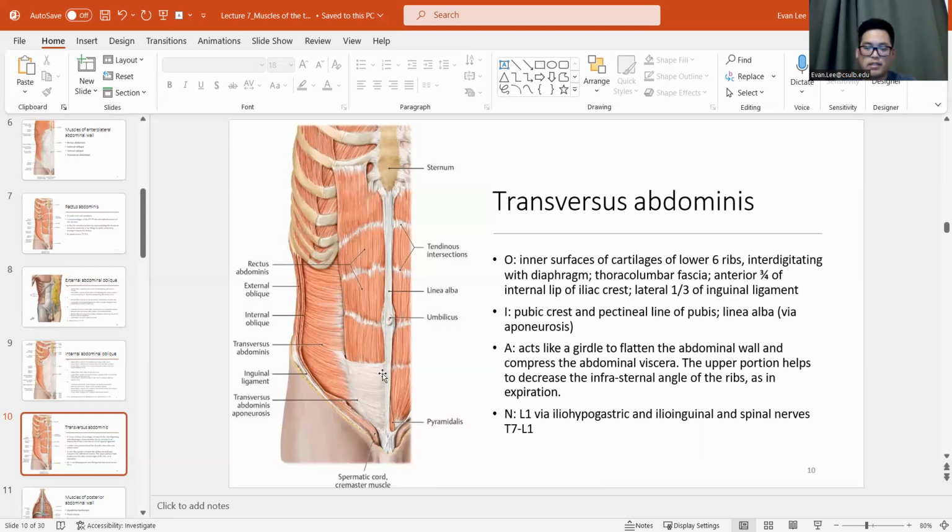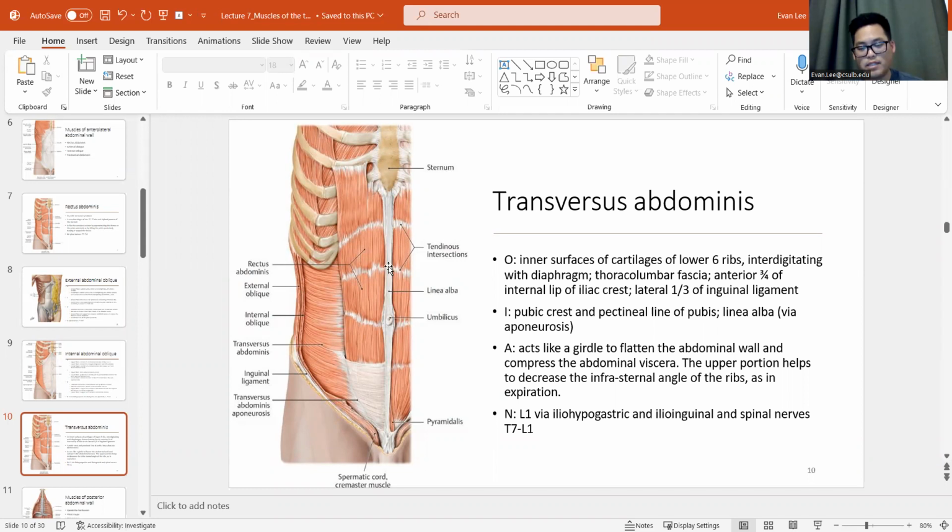It can also have an effect on respiration by depressing a little bit of that sternal angle as well. So as it attaches down here, it could pull on that and compress it to help with expiration.